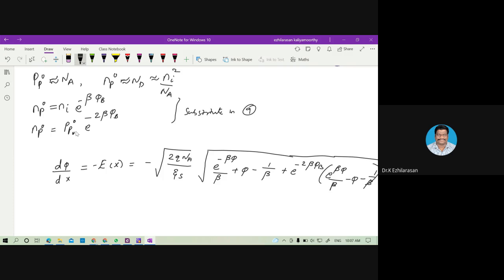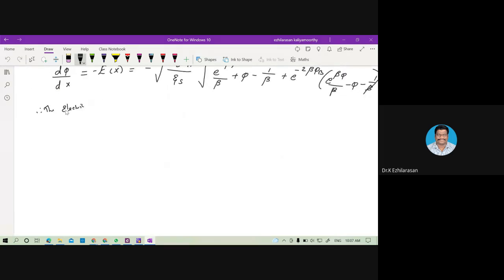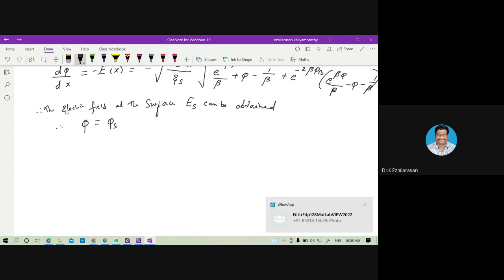Now, the electric field at the surface, that is Es, will be obtained by substituting φ equal to φs in the above equation.